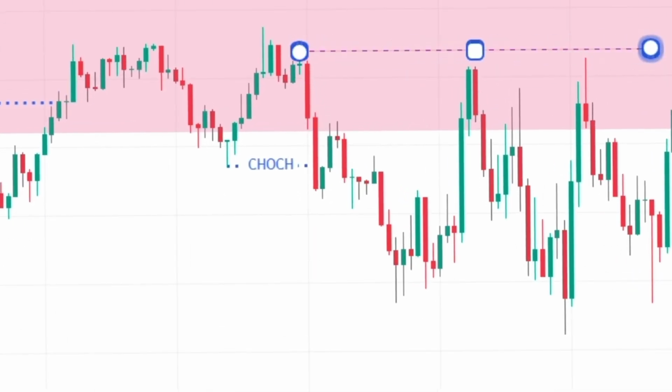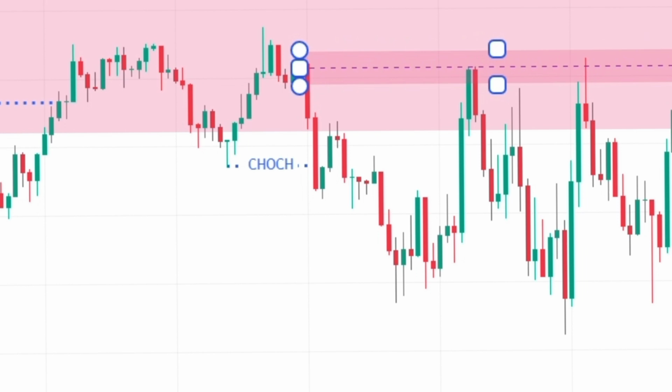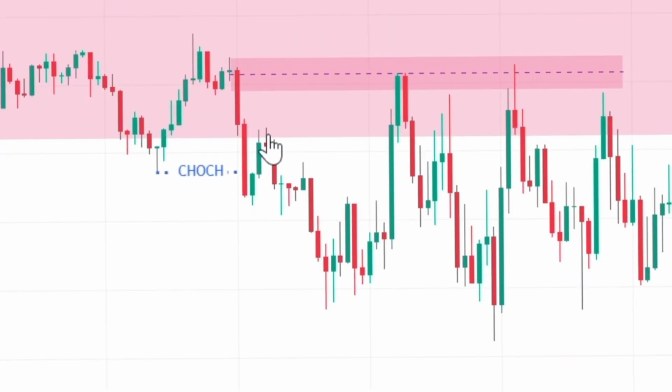As you can see, an order block was formed at this point, and we are going to wait for price to return. As we can see, we had a swing down and the price action retesting this order block.